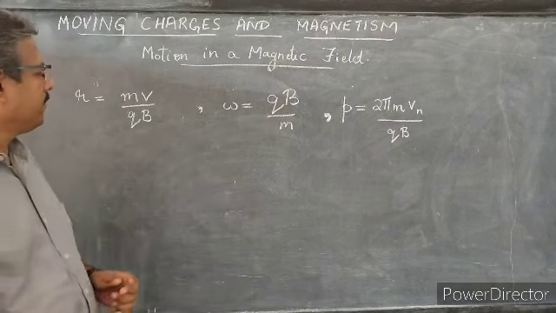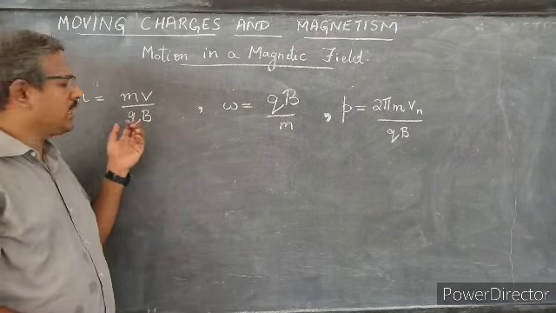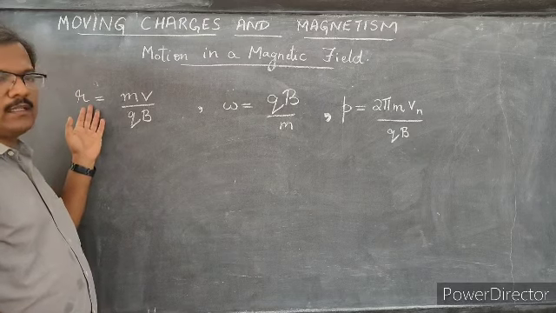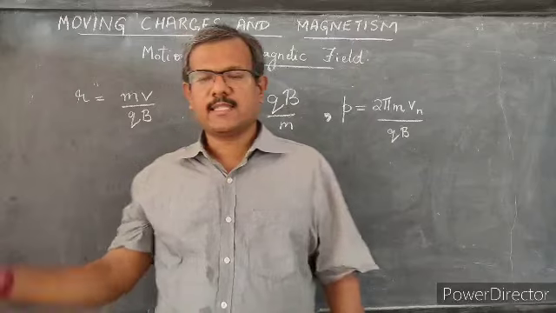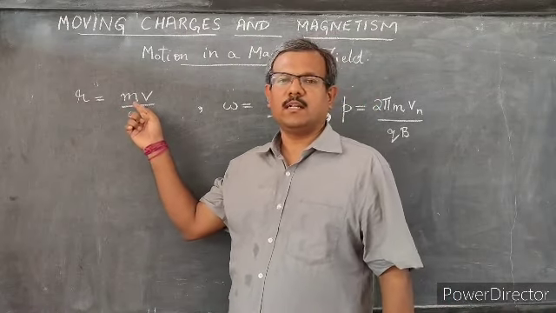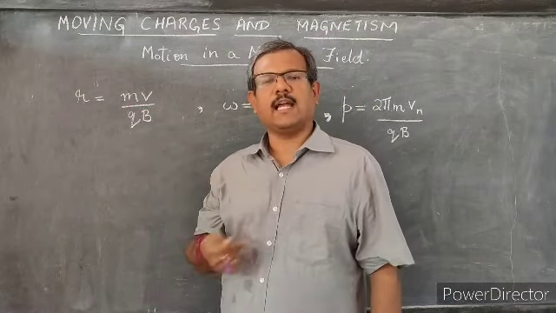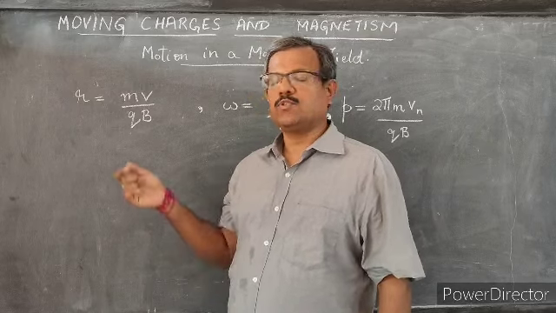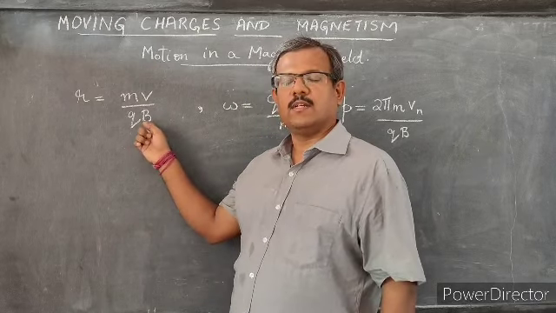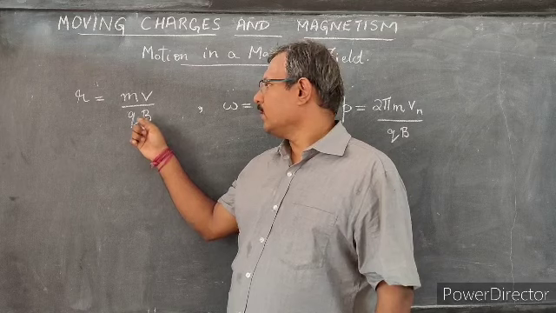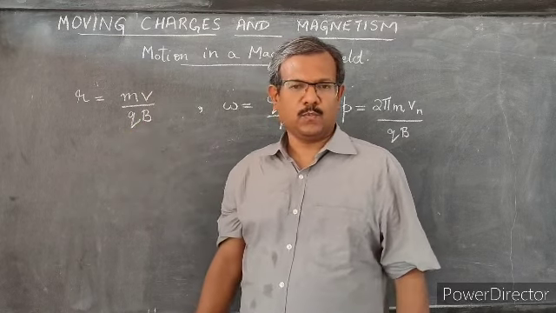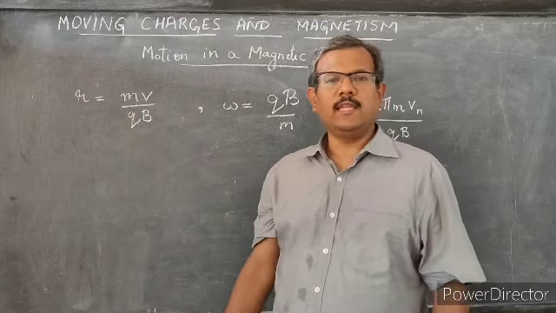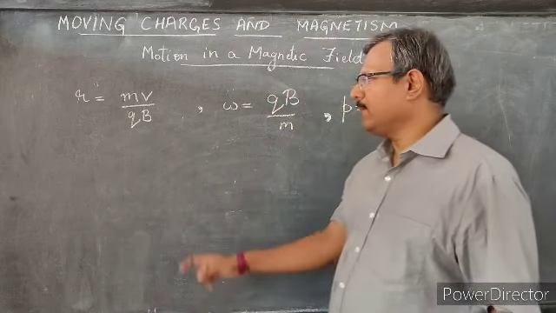Some of them, just for recollection, were R, the radius of the circular motion that's been executed by a charged particle as it moves through a magnetic field of strength B with a velocity v, having a mass m and a charge q. So R is equal to mv by qB.